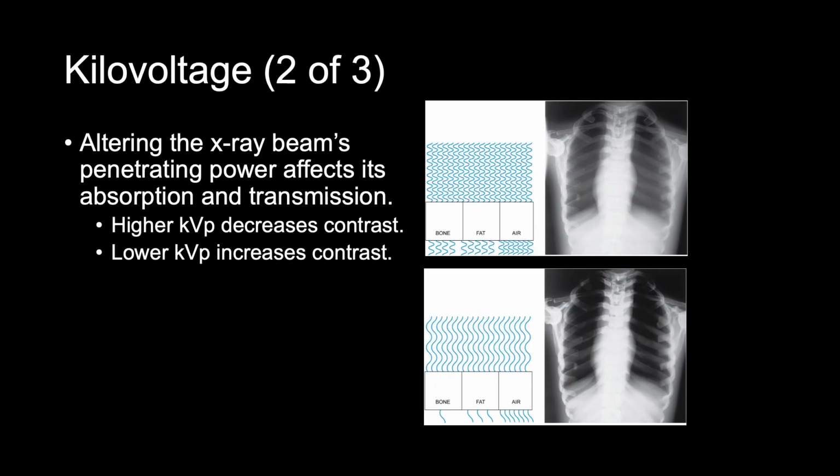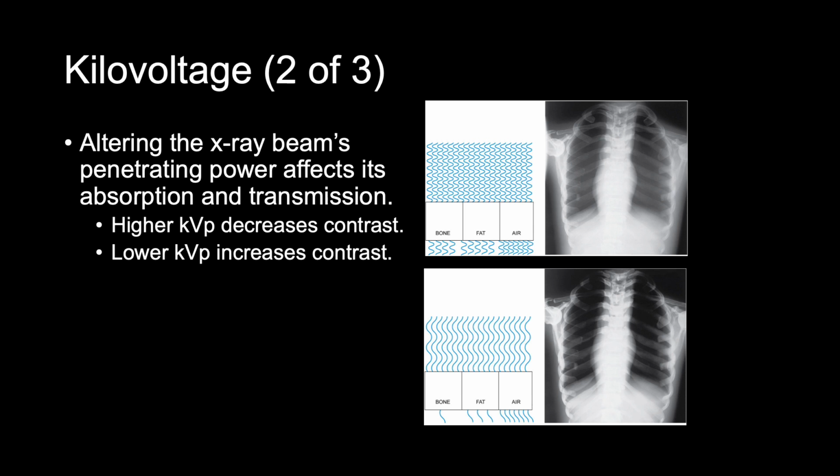Higher kVp increases the penetrating power of the X-ray beam and results in less absorption and more transmission in the anatomic tissues, which results in less variation in the X-ray intensities exiting the patient and hitting the IR. As a result, images with lower contrast are produced.